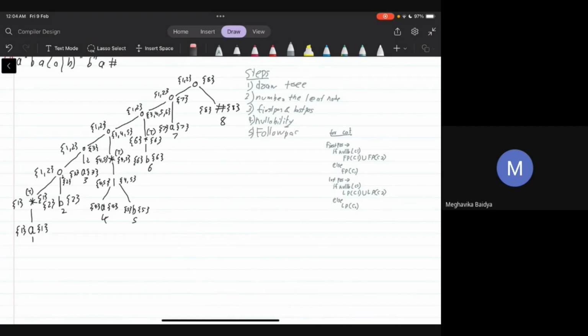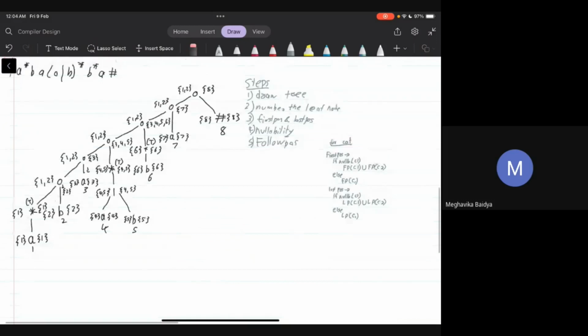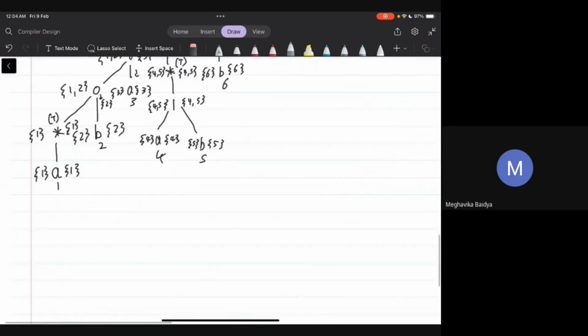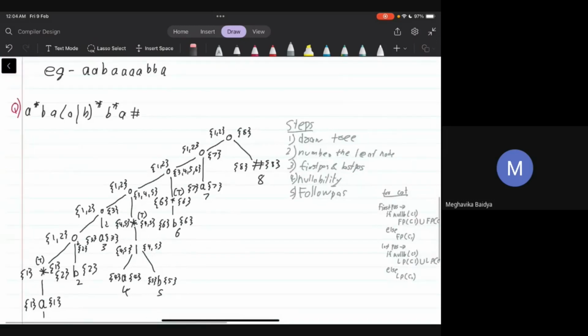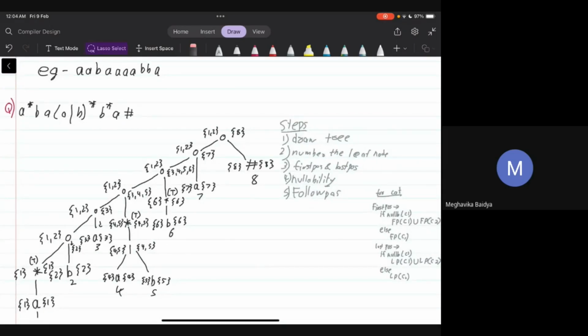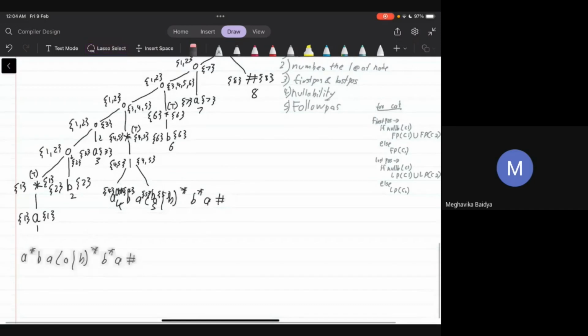So for follow pos, you have to write a table. I'll explain how we'll do this. You first write the same expression below, so I'll just copy paste it below here.